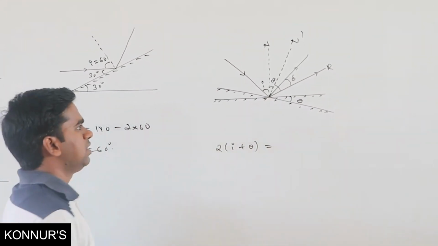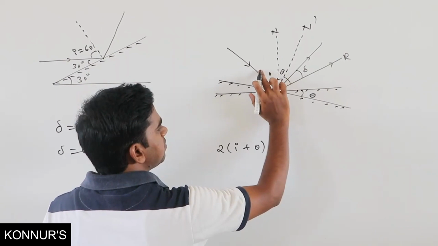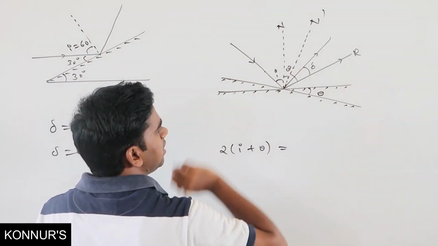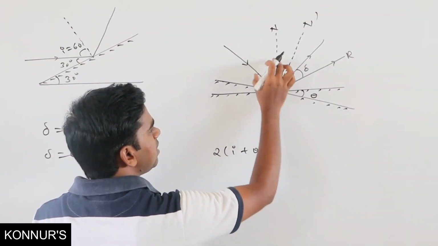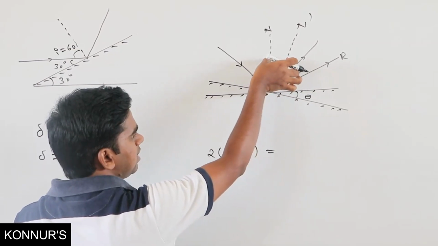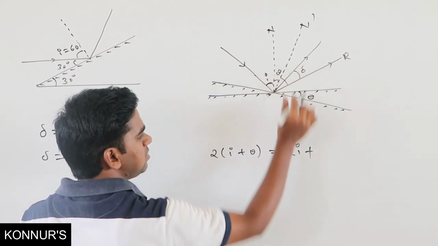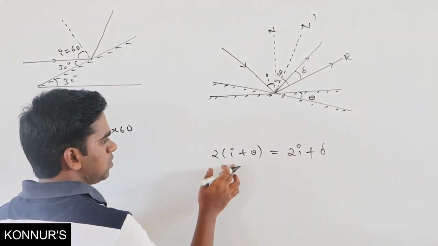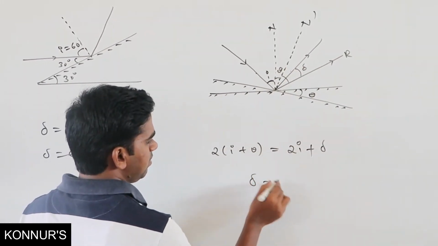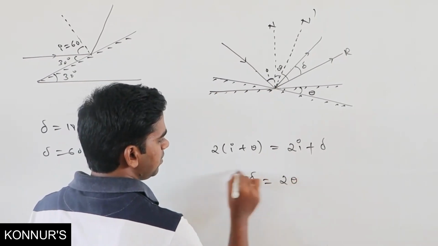From here to here it is I, again here it is I, so I will write 2I plus delta. So 2I will get cancelled, so the deviation is going to be 2 theta.